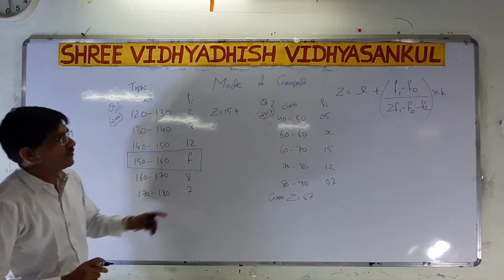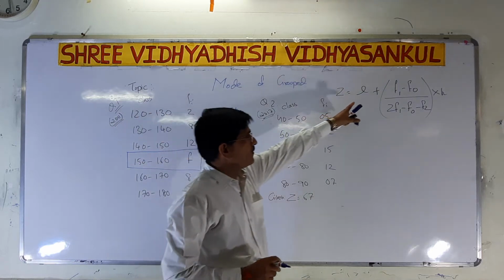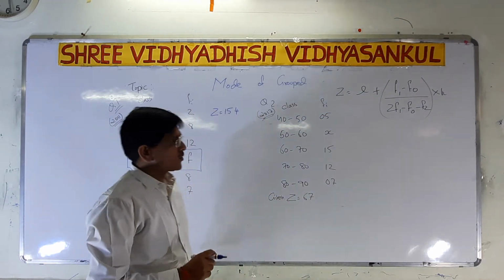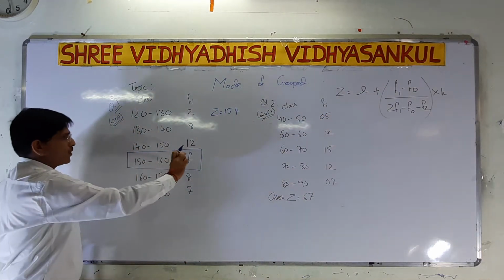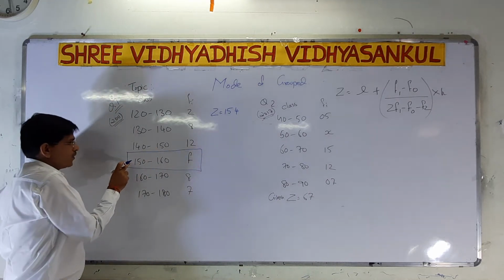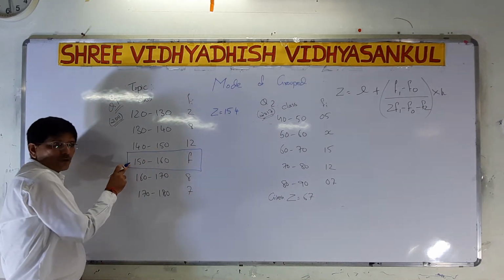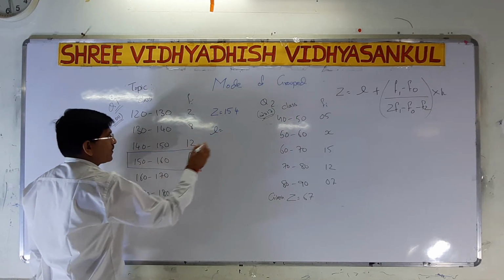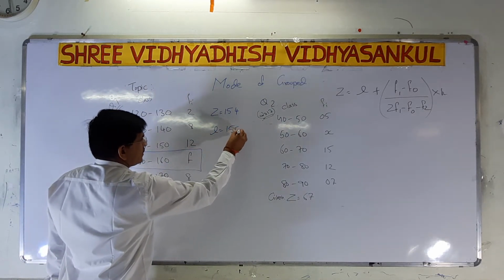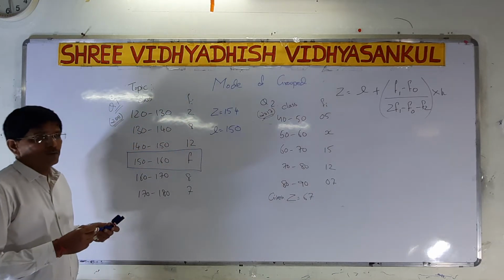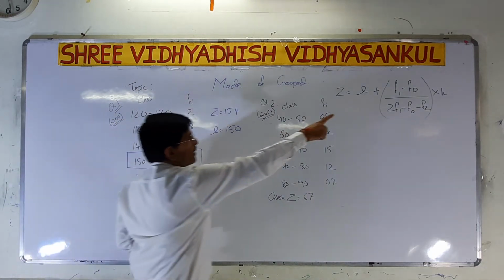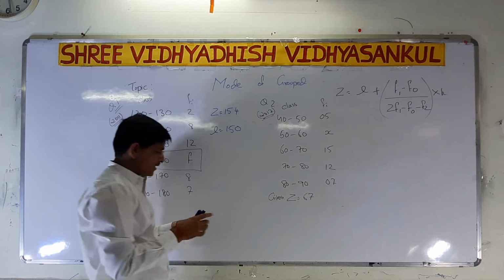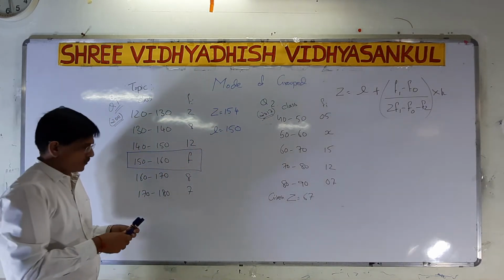Now, in the formula, first we have to find L. L is the lower limit of the modal class, so L is equal to 150. Next, F1, F0 and F2.